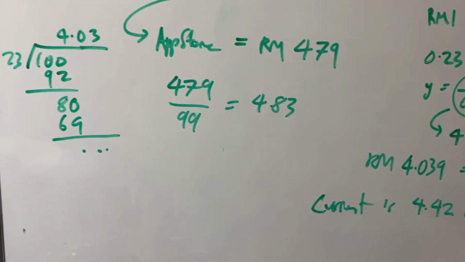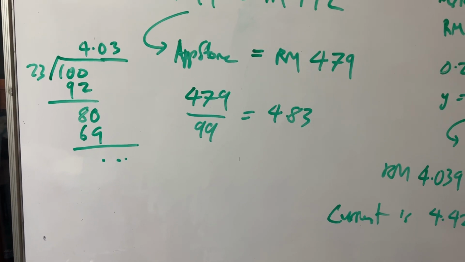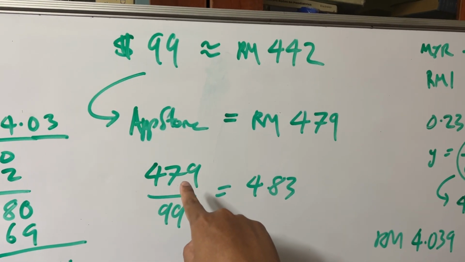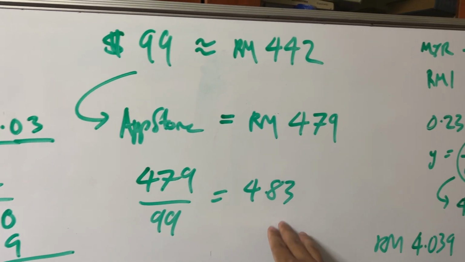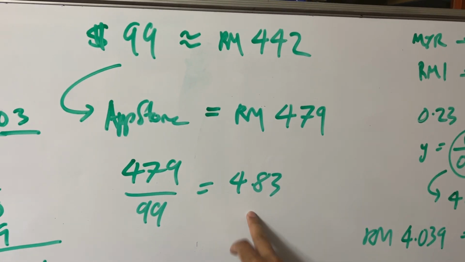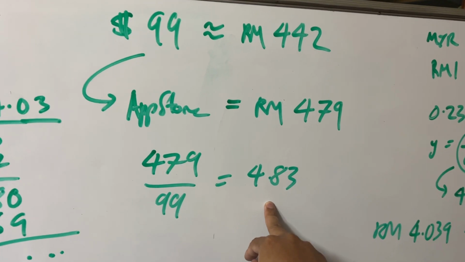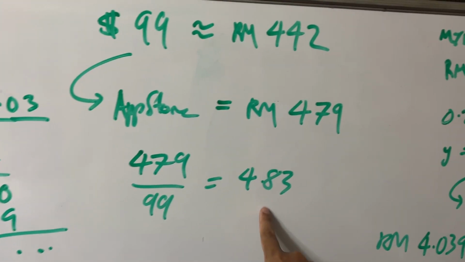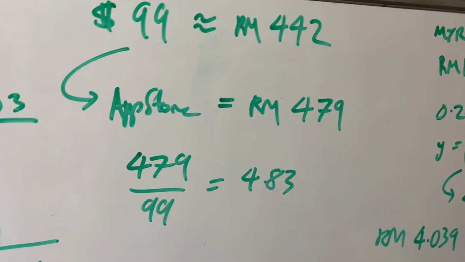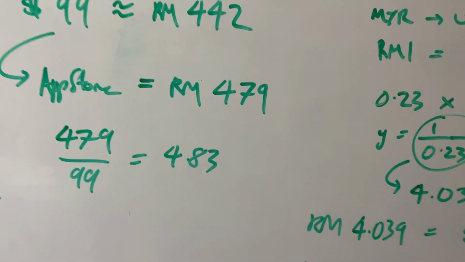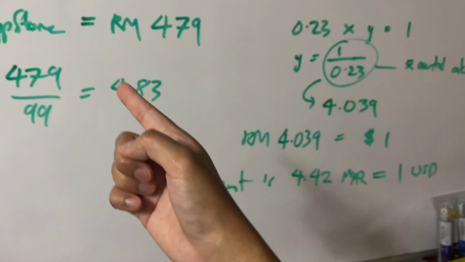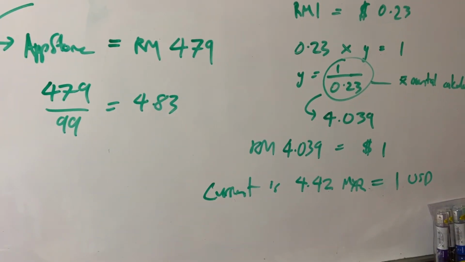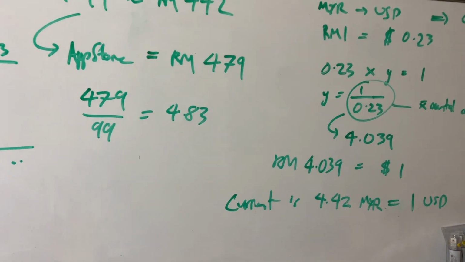Very expensive. If I divide 4.79 ringgit by $99, we get 4.83. So 4.83 is the conversion that Apple uses, as they have marked up the price of the App Store. 4.83 instead of 4.42. That is a lot of difference.